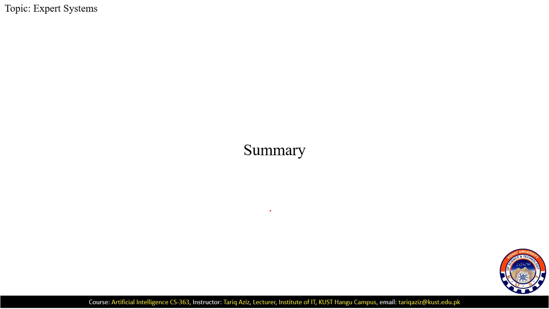Then we checked some of the applications of expert systems. There are a lot of applications, and then we looked at the question of how we know whether we should develop an expert system for a particular domain or not. Finally, we looked at the structure of the expert system.